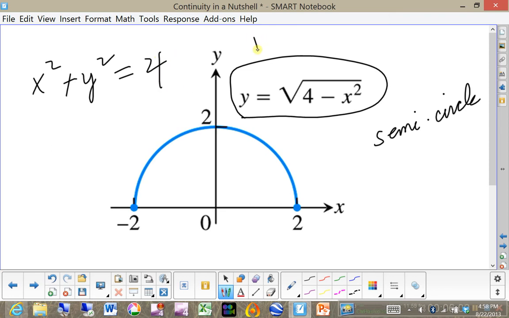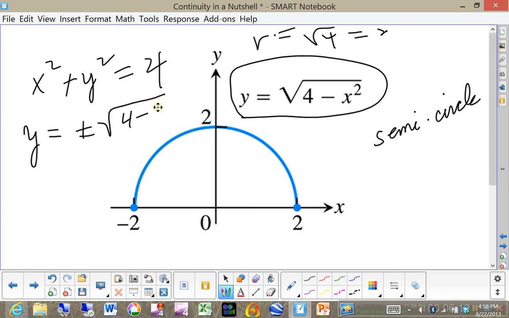And of course the radius is the square root of 4, which is 2. Now we can solve for y, and y is equal to plus or minus the square root of 4 minus x squared. And if we just take the positive result, we have a function that is a semicircle, the top part of a circle.